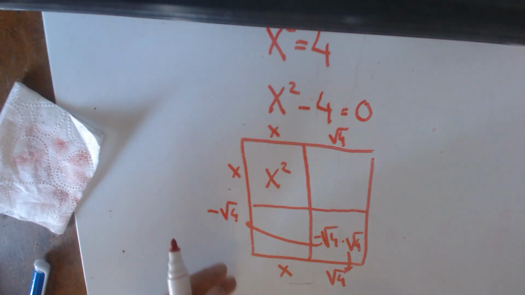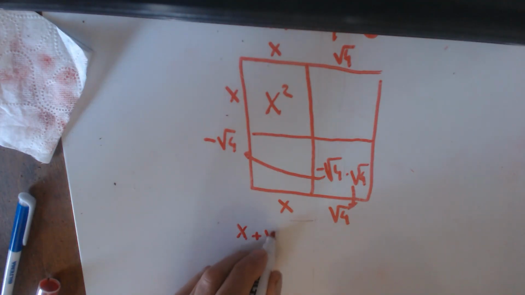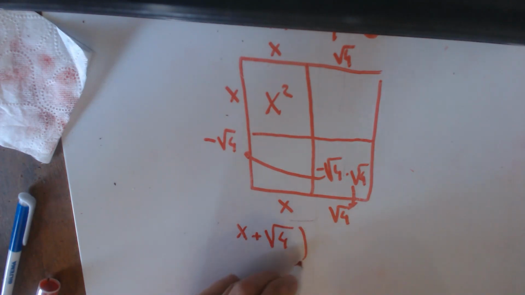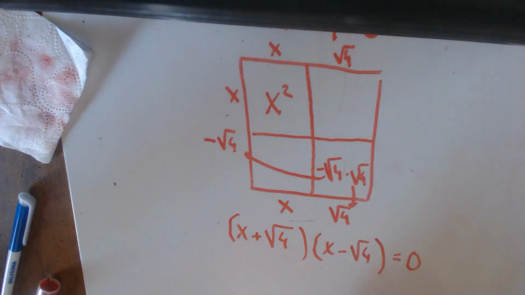So you have here x plus square root of 4 times x minus square root of 4 equals 0.